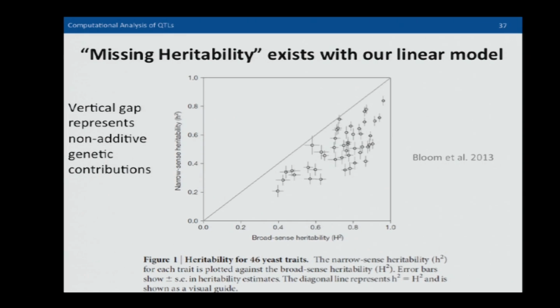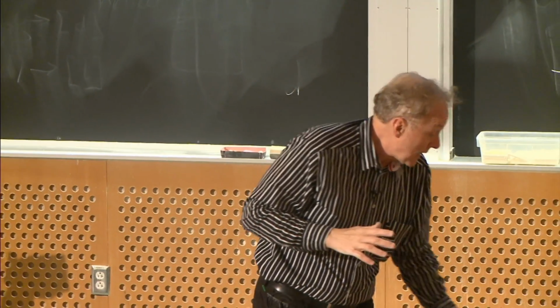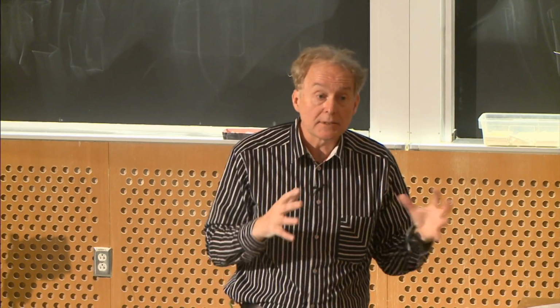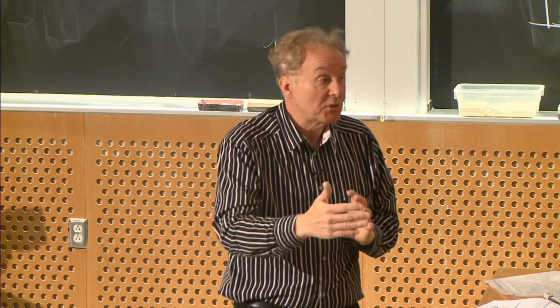Remember, we talked about how to compute broad sense heritability by looking at clones and computing environmental variance directly. So they were able to compute broad sense heritability and compare that to the narrow sense heritability that they're able to actually achieve in this study. And you can see there are substantial gaps. So what could be making up those gaps? Why is it that this ADA model can't explain growth rate in a particular condition?